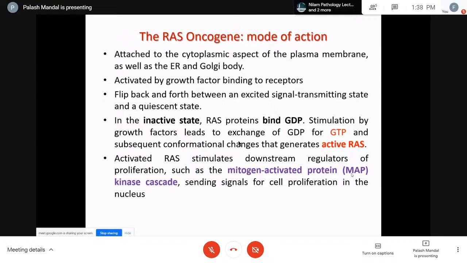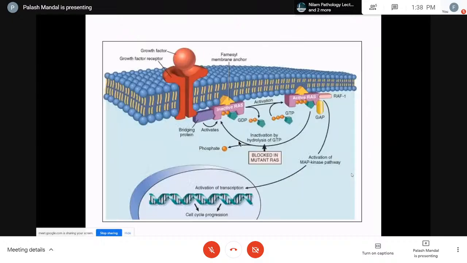Okay, so you see, this is the growth factor receptor, this is the growth factor, this is the plasma membrane, the three-dimensional picture of a plasma membrane, and this is a binding protein, and this is inactive RAS which is bound to some farnesyl membrane anchor.